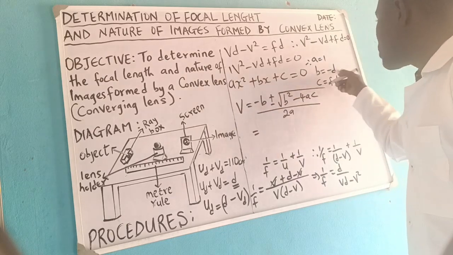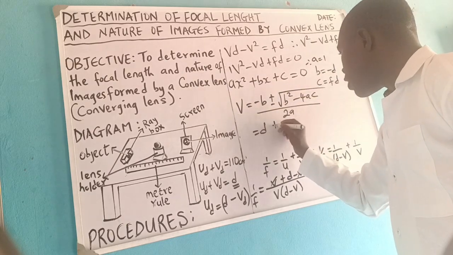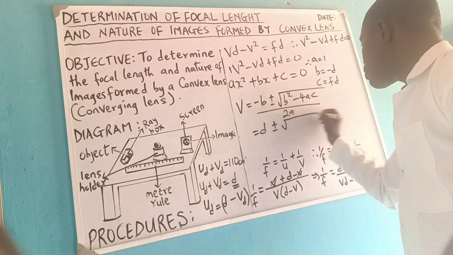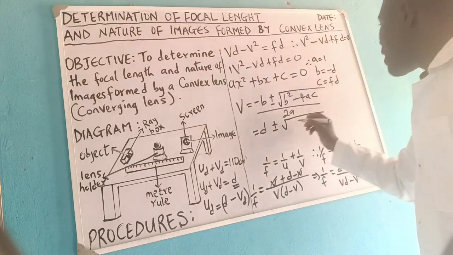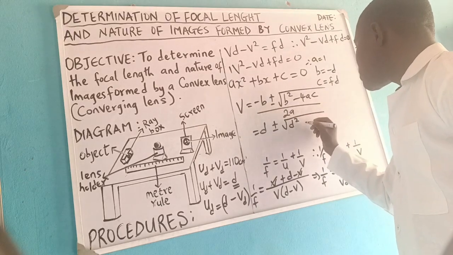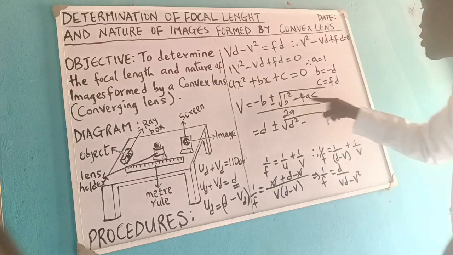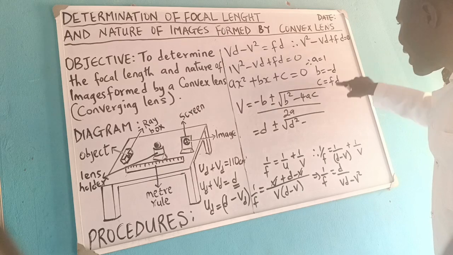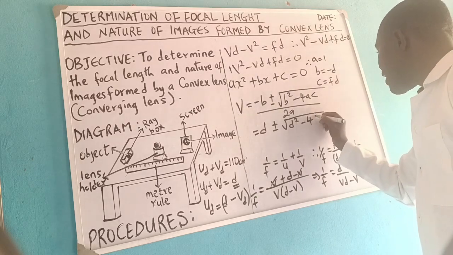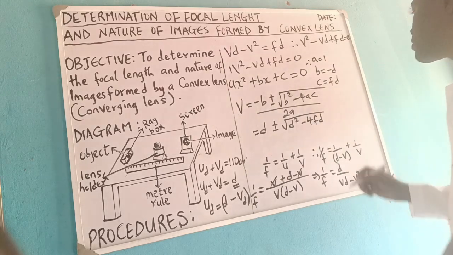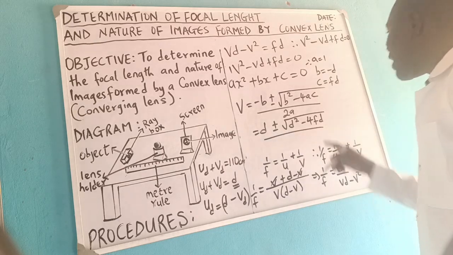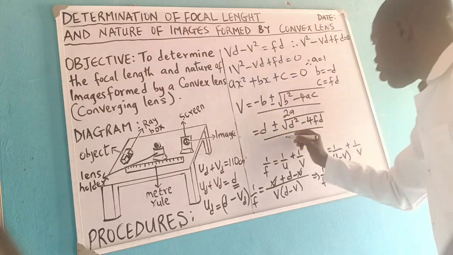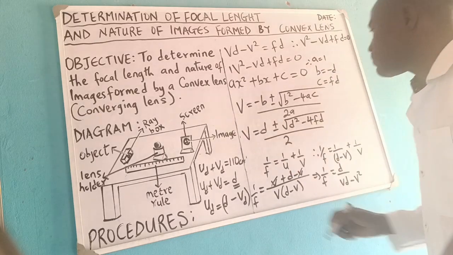Minus times minus d is d, plus or minus the square root of d squared minus 4ac. 4 times 1 times this minus 4fd, all over, what is your a? 1, all over 2. That is your v.